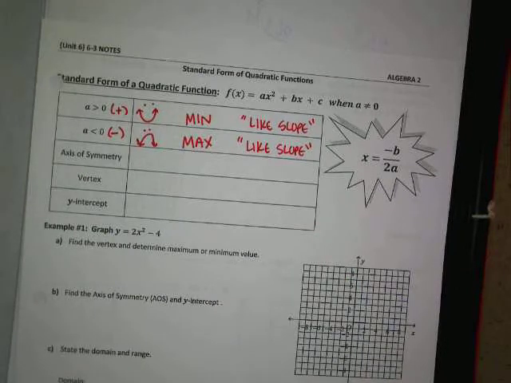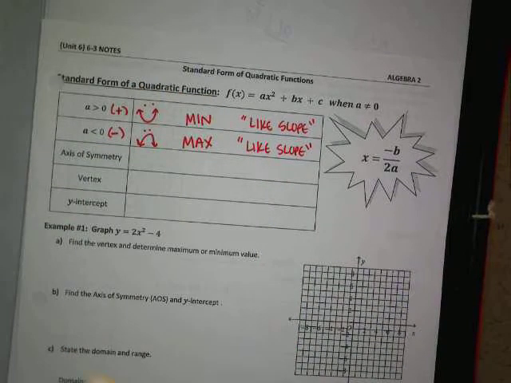All right, now the downside of standard form is you have to actually do some work to get the vertex. It's not just in your formula like it is for vertex form. So we're going to use this formula over here, negative b over 2a, to find the vertex.